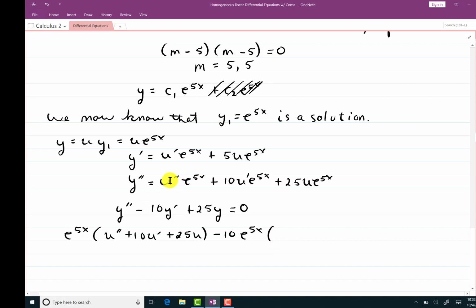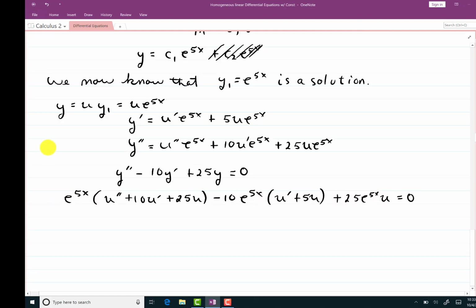And we'll have u prime plus 5u. And then finally, plus 25 e to the 5x times u. Set that equal to 0.